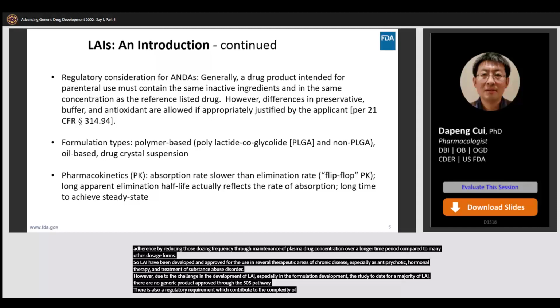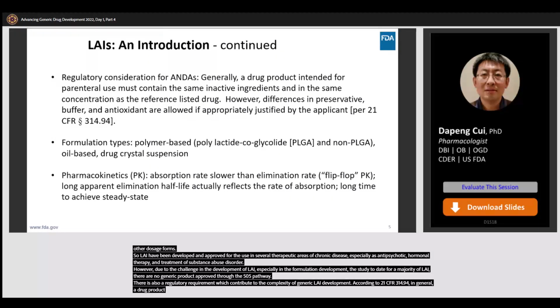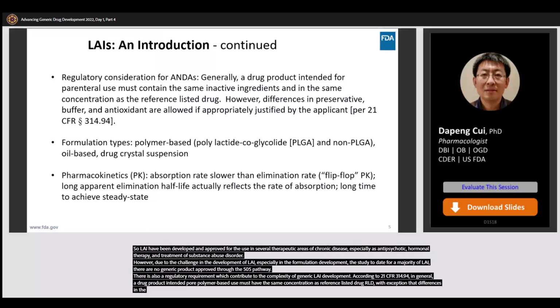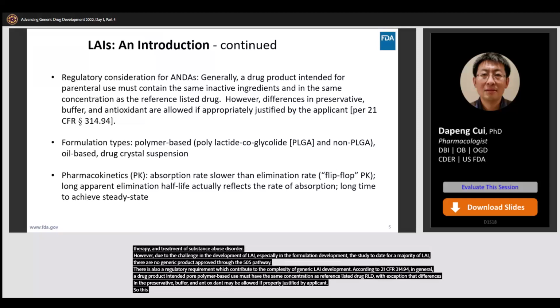According to 21 CFR 314.94, in general, a drug product intended for parenteral use must contain the same inactive ingredient and in the same concentration as the reference listed drug RLD, with the exception that differences in preservative, buffer, and antioxidant may be allowed if appropriately justified by the applicant. So this regulation should be taken into consideration in the generic LAI development.